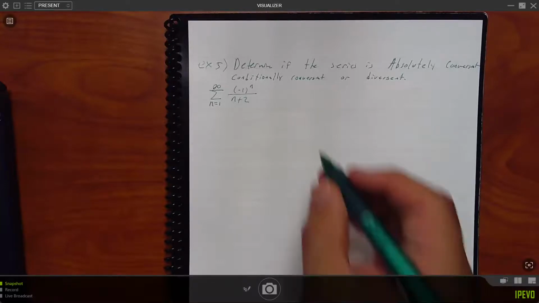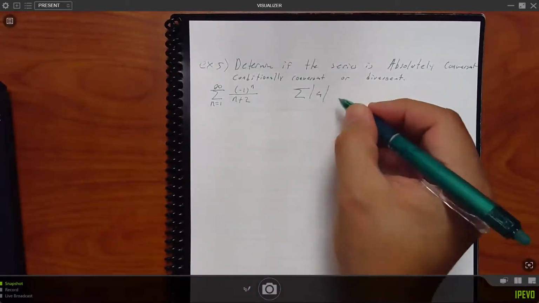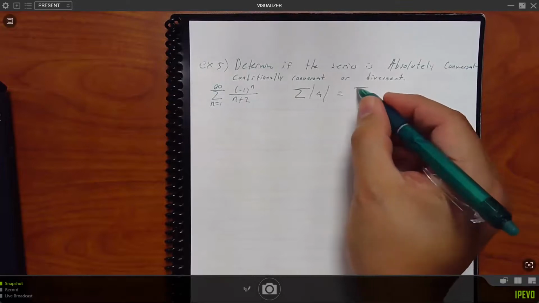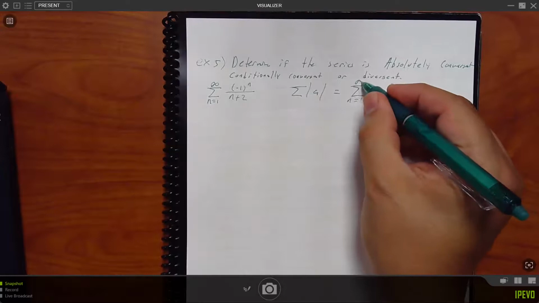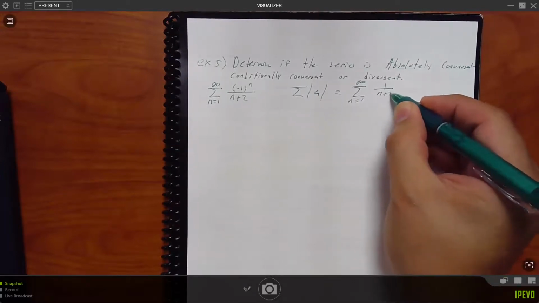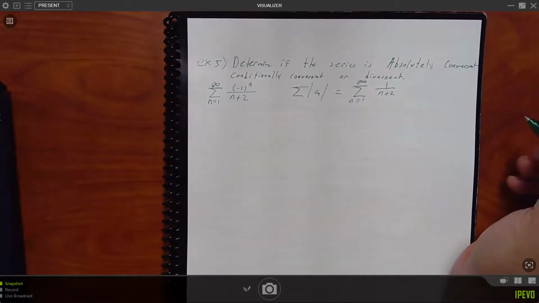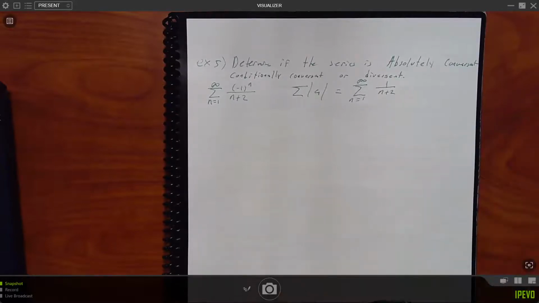All right, so the absolute value version of this is equal to this guy. What test would you use on this? There's two that I can see will work.